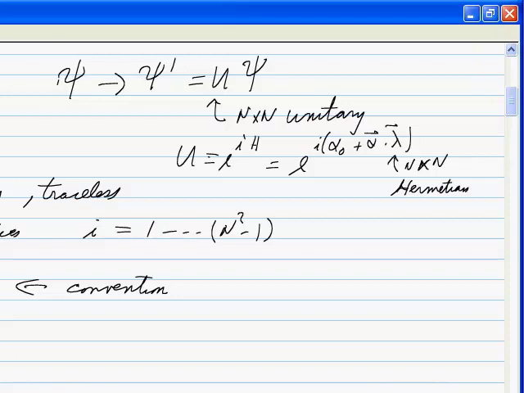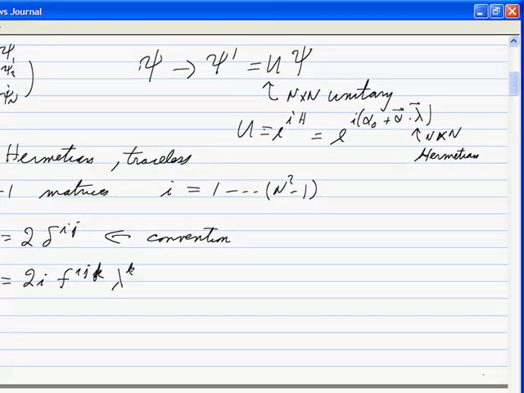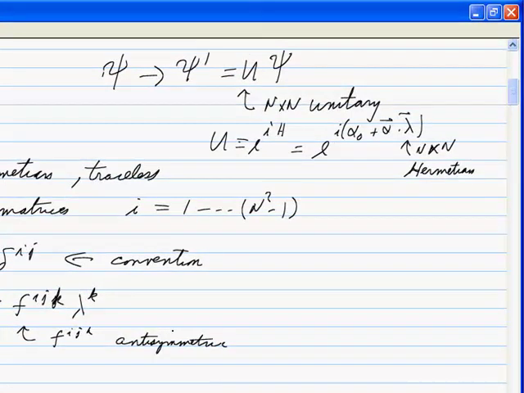The other thing that we use is that the commutator of lambda i with lambda j is 2i f_ijk lambda k, where there are some coefficients f_ijk which are antisymmetric, but for our purposes we don't really need to know what they are. This follows from the fact that these are Hermitian.